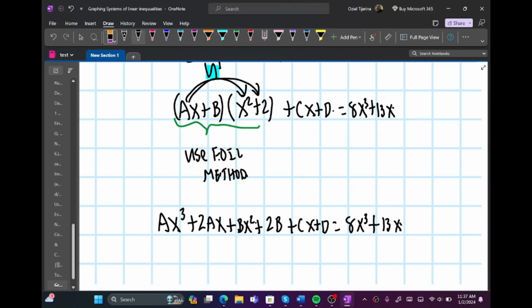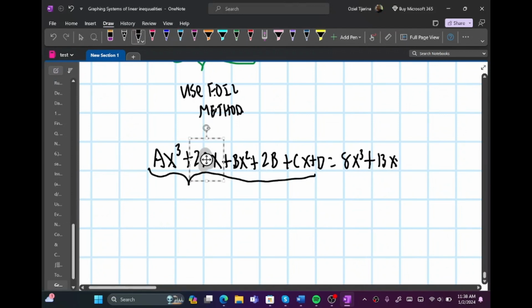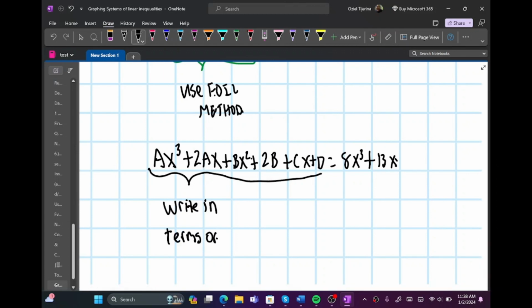Okay, guys. Now, here, we're going to want to put this in terms of descending exponents. So write this in terms of descending exponents.